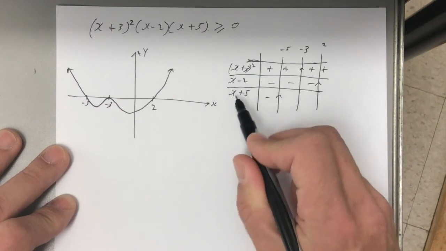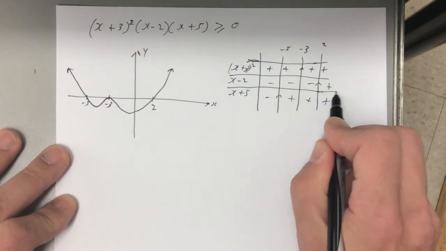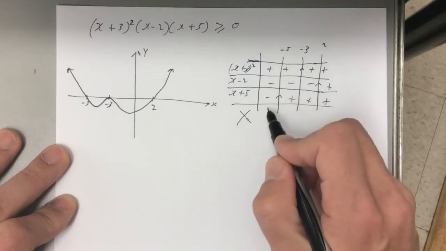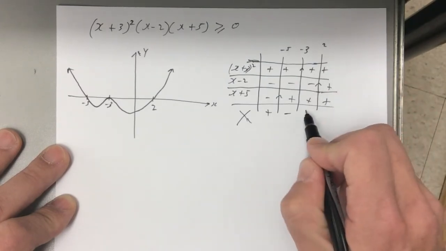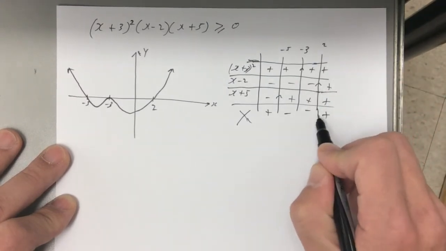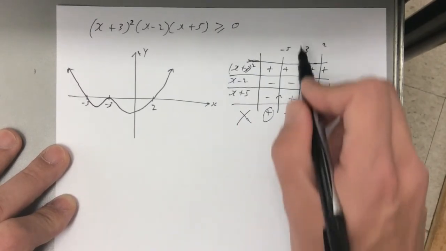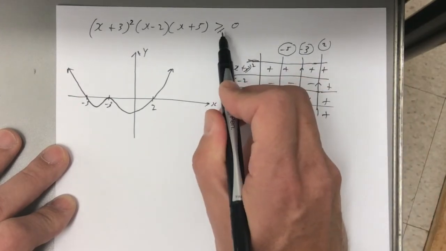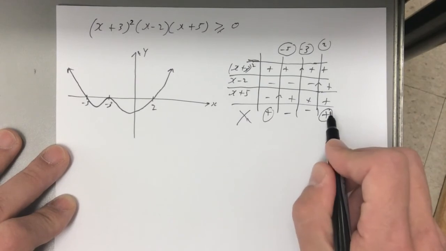So negative on the left, because it's a line with positive slope, positive on the right. Okay, and then the product of all those: 2 negatives make a positive, then a negative, then a negative, and then positive. When is this greater than or equal to 0? Here. Oh, and we've got to circle all of these because we have greater than or equal to, so these ones show when it's equal to 0, and here.